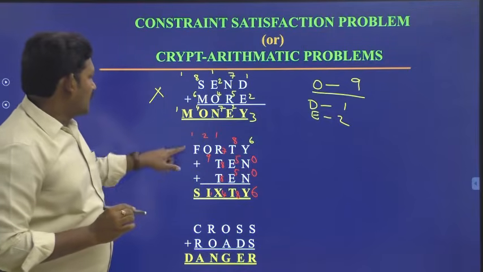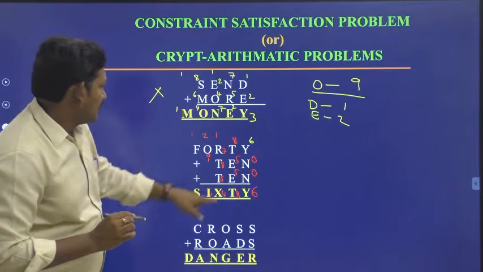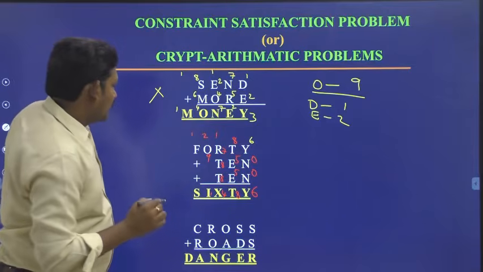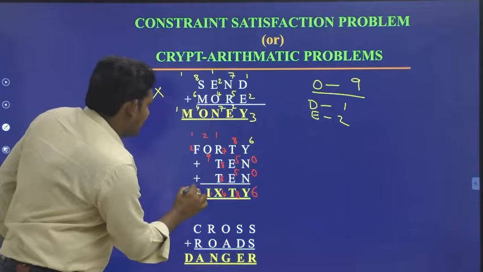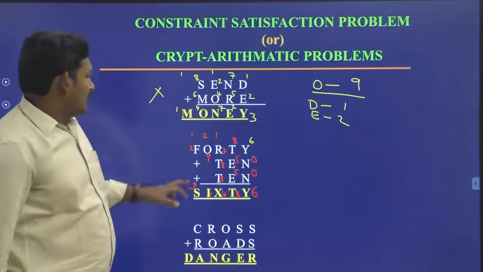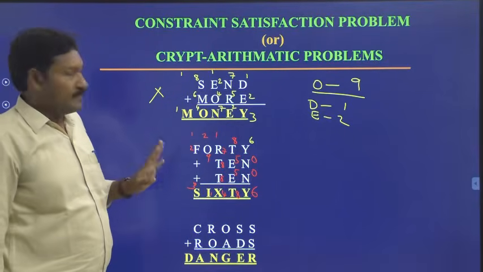Okay. So which ones are pending? 2 and 3 are pending. Suppose we use 2, then 2 plus 1 is 3. See, here there is no repetition.